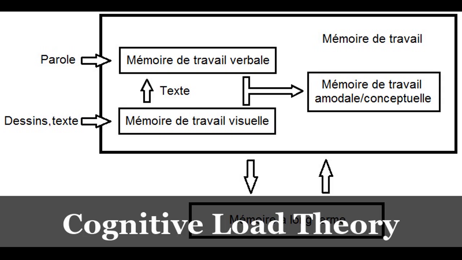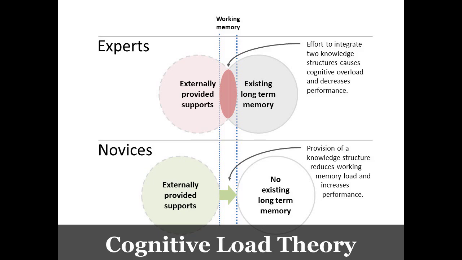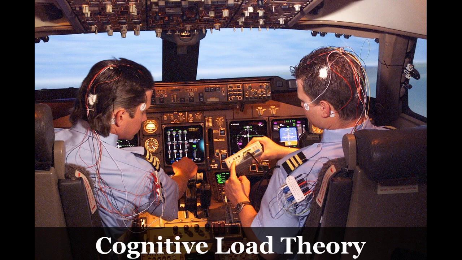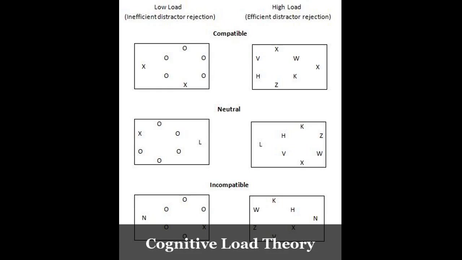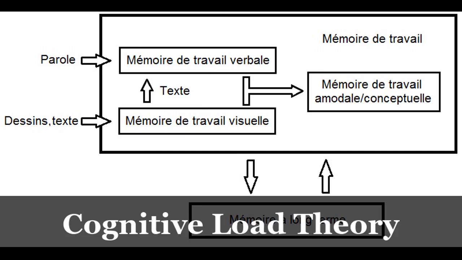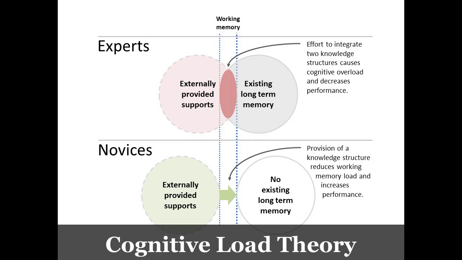Germane cognitive load, on the other hand, is the effort devoted to processing and understanding the material, which is actually beneficial for learning. Research has shown that when learners are able to manage their intrinsic and extraneous cognitive loads effectively, they can allocate more resources to germane cognitive load, leading to better comprehension and retention.